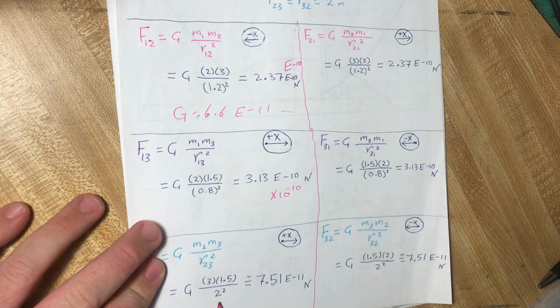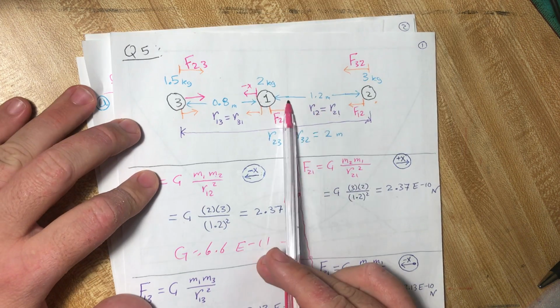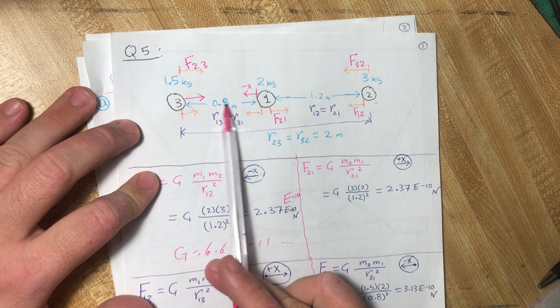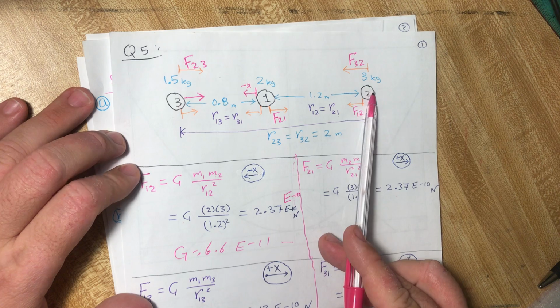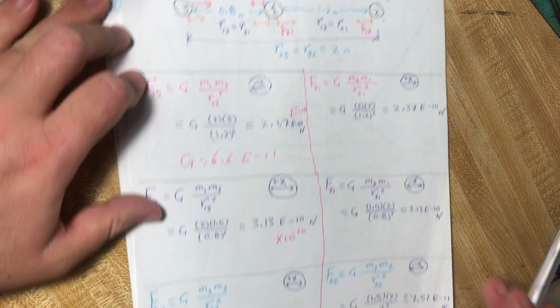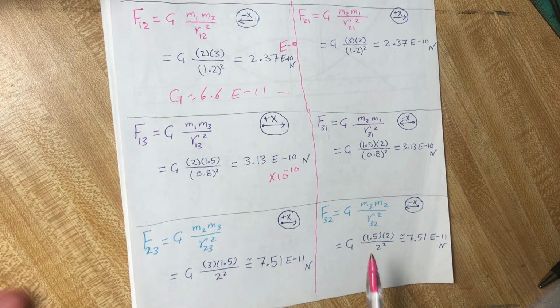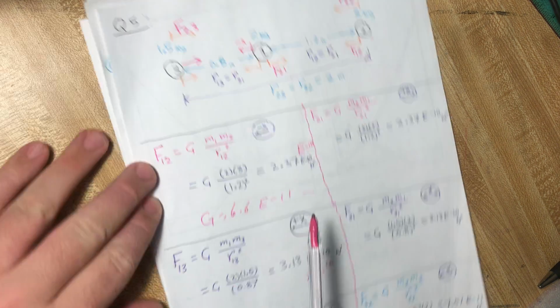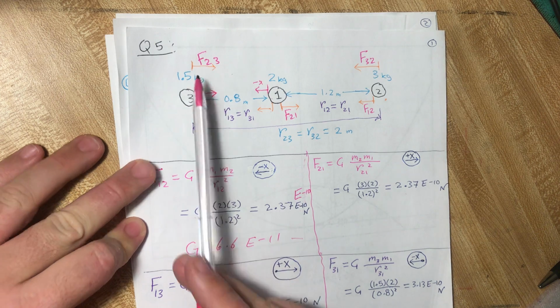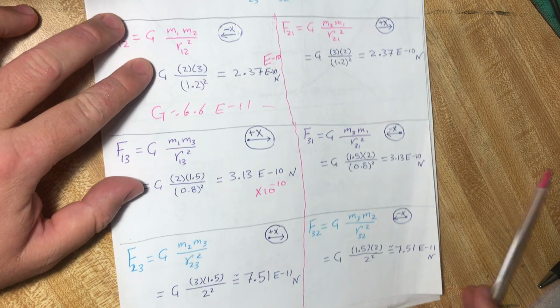The distance here is 1.2 plus 0.8, which is equal to 2, the distance between the second and the third mass. So the force is equal to 7.51 multiplied by 10 to the minus 11. This is in the positive x direction for F2,3, and F3,2 is in the negative x direction.